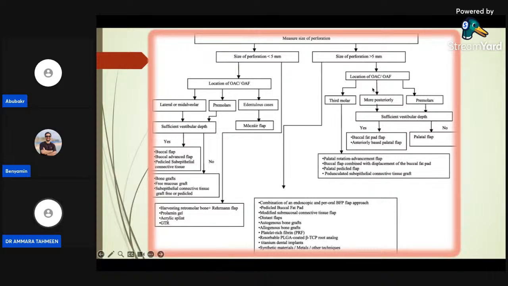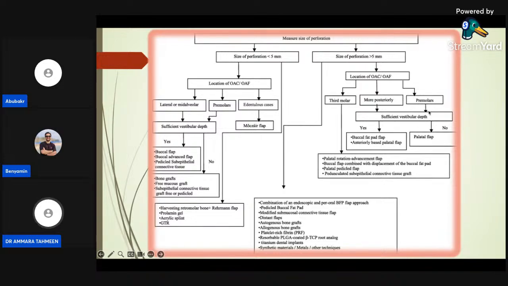If you see oroantral communication more posteriorly, that is behind the third molar, and there is sufficient vestibular depth, you can use again buccal fat pad flap or anteriorly based palatal flap. In the premolar region, again, if there is sufficient vestibular depth, you will be going with the same procedure. If you don't see any vestibular depth, that means your vestibule is very flat, then you go for palatal flap.